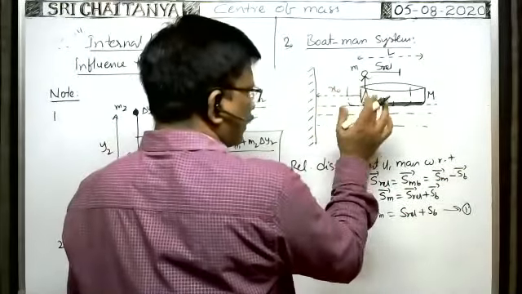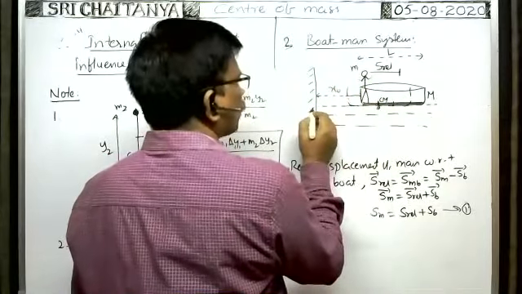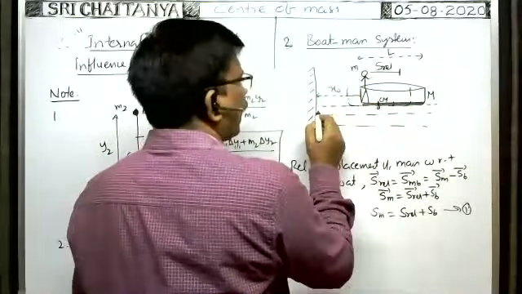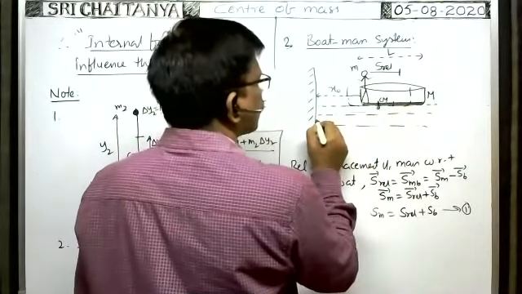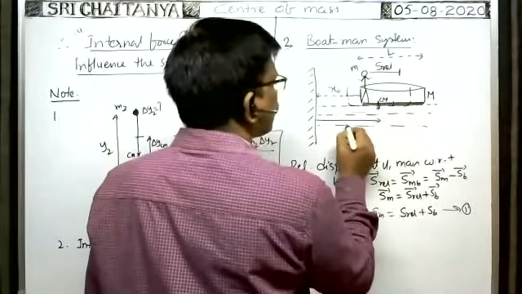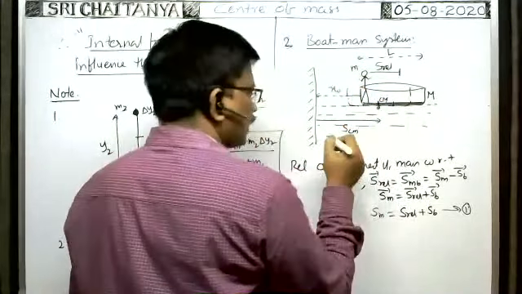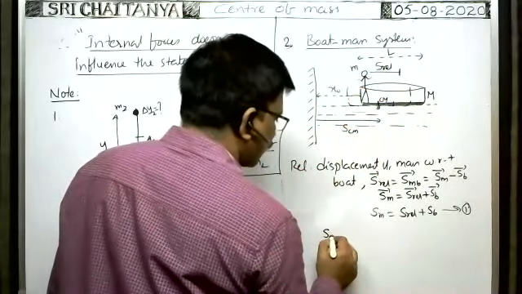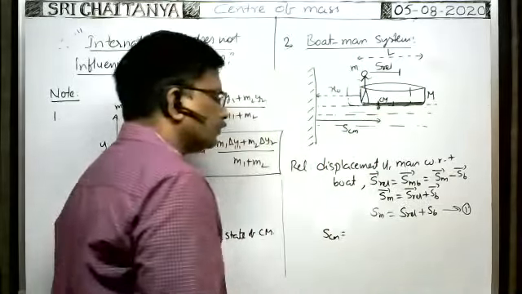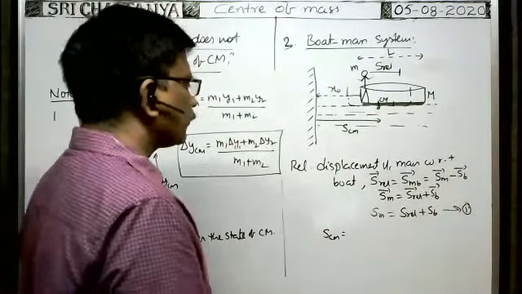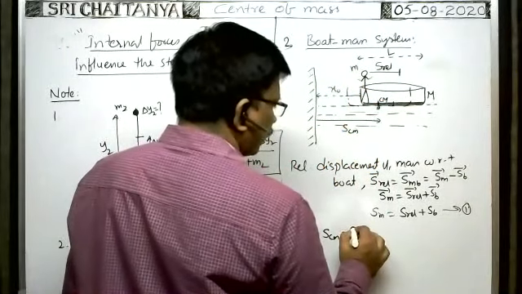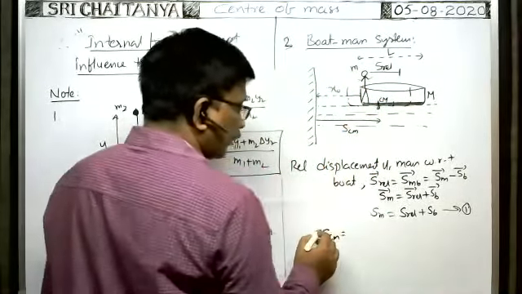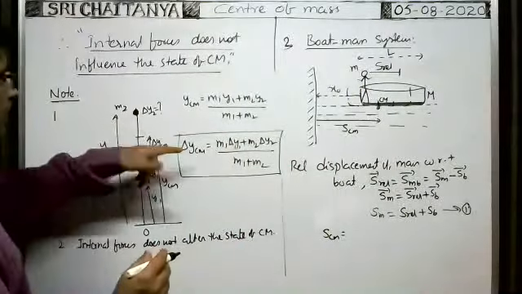Now, as the center of mass is here, from the bank of the river, the distance of center of mass SCM is equal to, tell me, what is the formula? Already I said the first point.